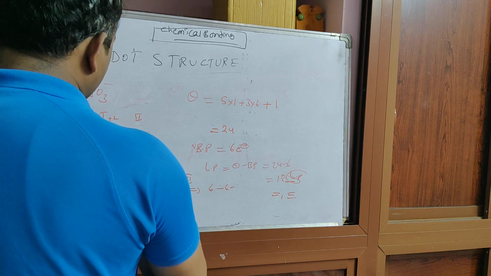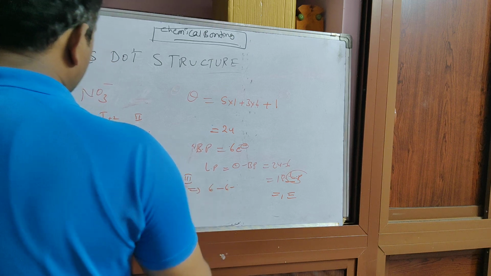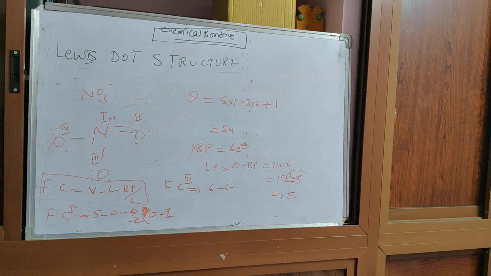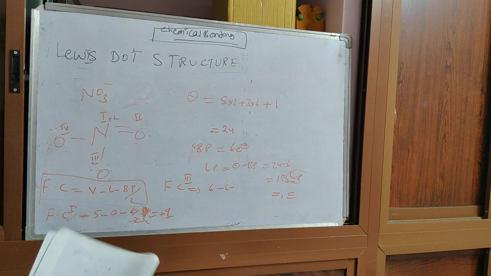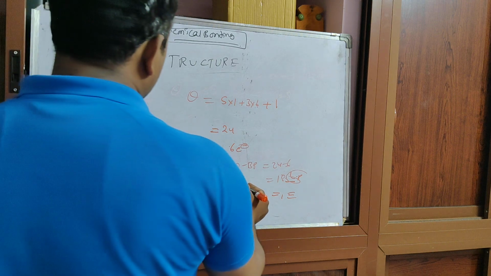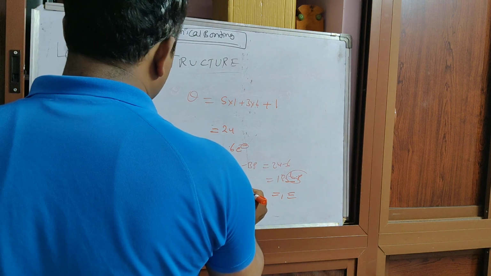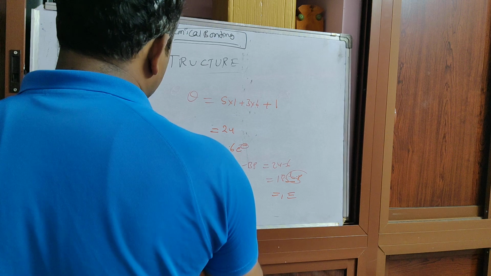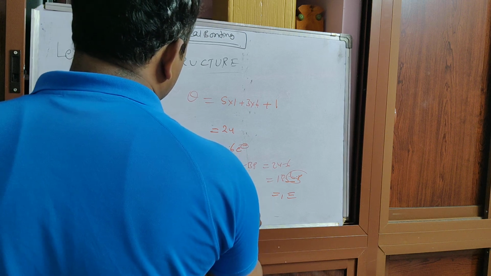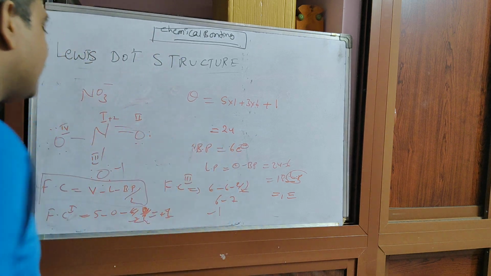For this oxygen, bond pair electrons by 2. Six minus bond pair electrons 2 by 2. Generally consider 6, 1, 6 minus 7 minus 1. Here we get minus 1.